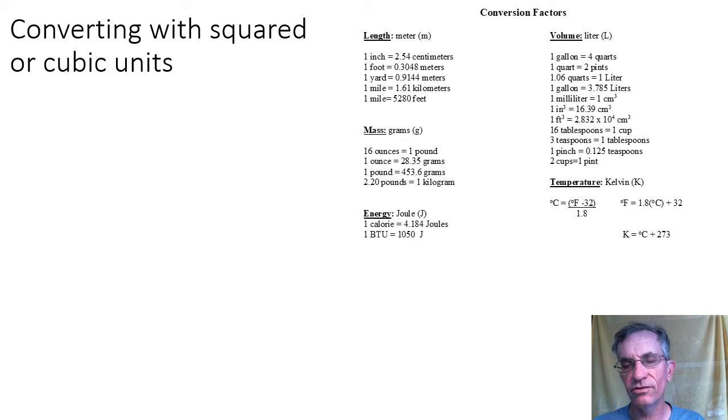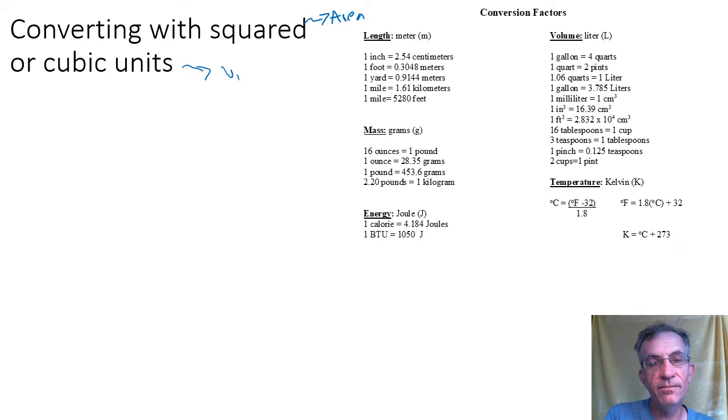So squared or cubic units, first thing I want to mention is when would you run across these units? Squared units are going to be used with area. If I ask you the area of some floor or the area of a table, you would use squared units, square feet, square inches, square meters, something like that. And then cubic units are what we use with volume.